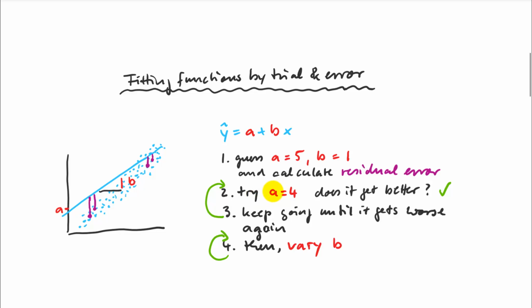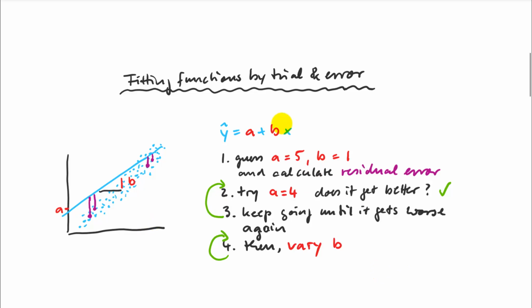It starts with a, perhaps, and tries a slightly smaller value and recalculates the residual error. Does the residual error get better? If it does, it keeps going. It will try a equals 3 until it gets worse again, and then it goes back maybe half a step and tries 2.5 or something like that, until you arrive at a point where this does not improve anymore.